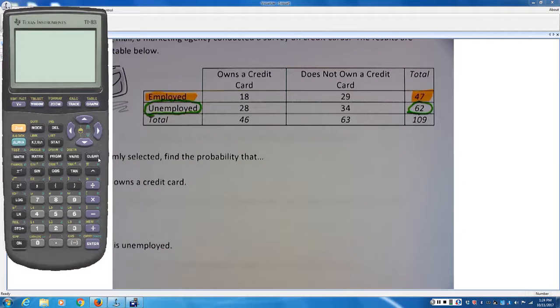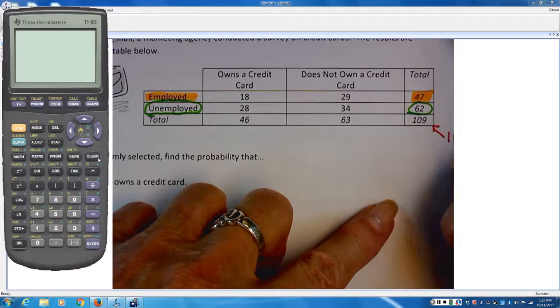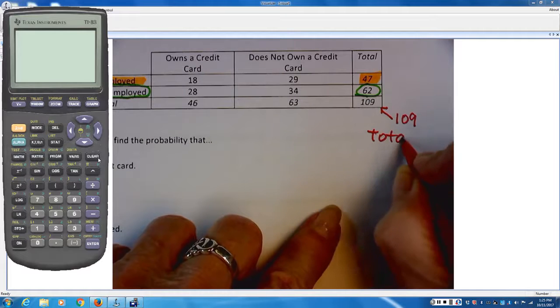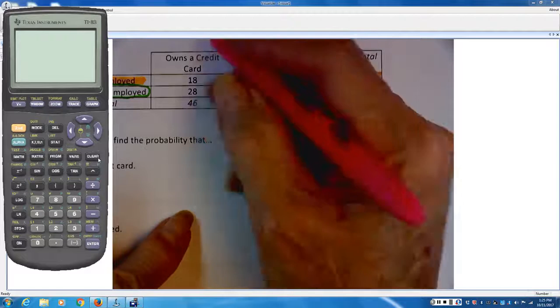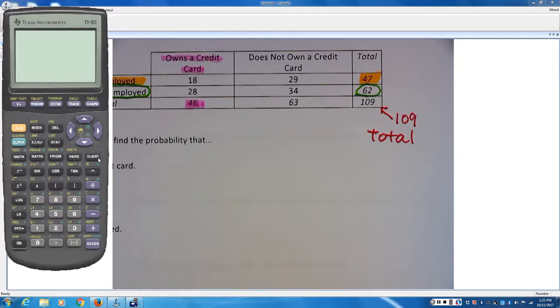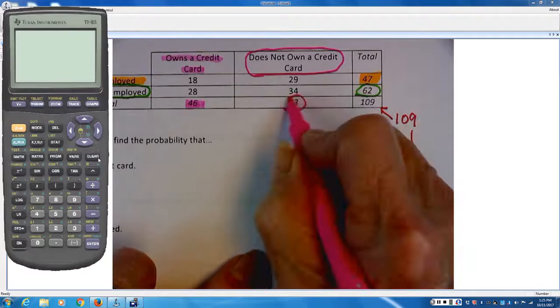And the total number of people that have been sampled are 109. And then they've been subdivided further into whether or not they have a credit card. So we have some that own a credit card, and there was 46 of those. And then we have some that don't own a credit card, and there's 63 of them.